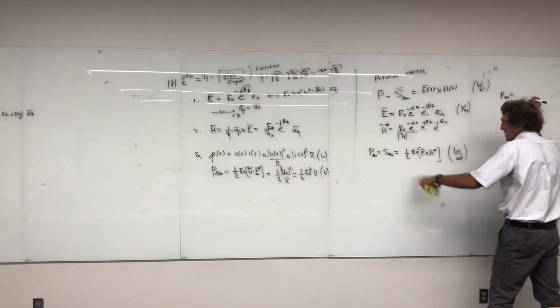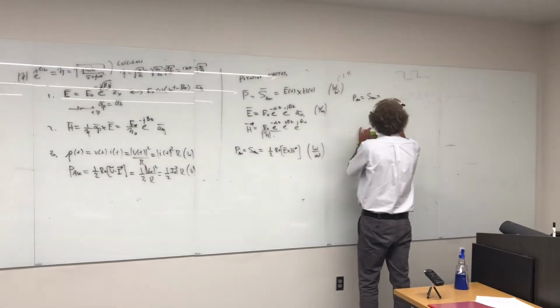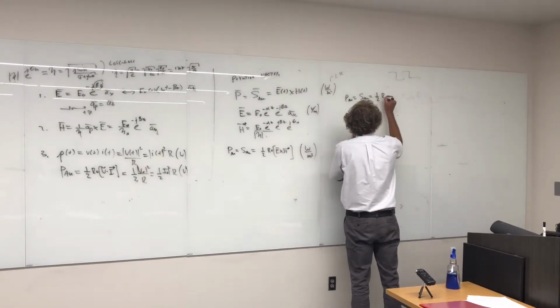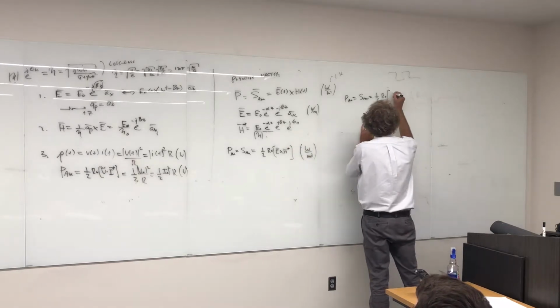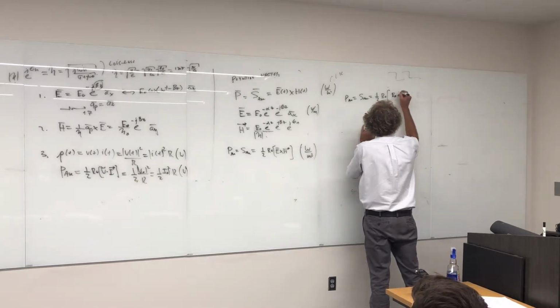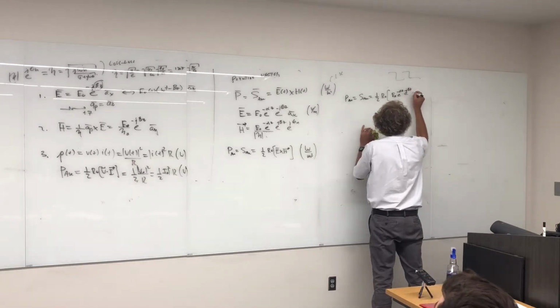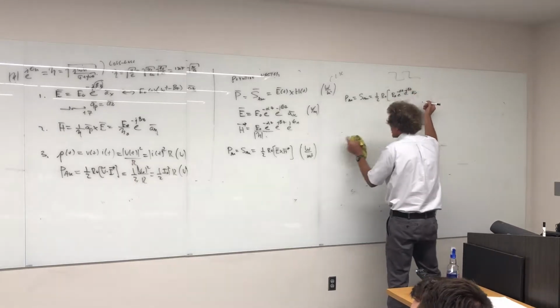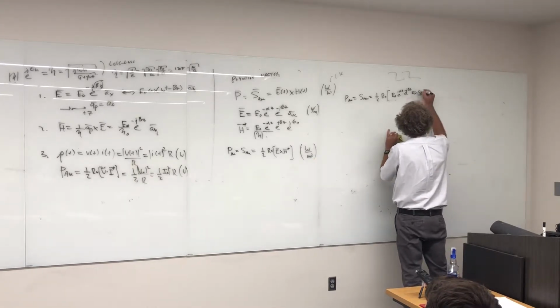right here, or S average, will be equal to 1/2 the real part, and then it's E, and that's my E field, E naught, e to the minus alpha Z, e to the minus J beta Z, AX, and it's crossed into the H field. Well, the H field, that's a cross product operator.